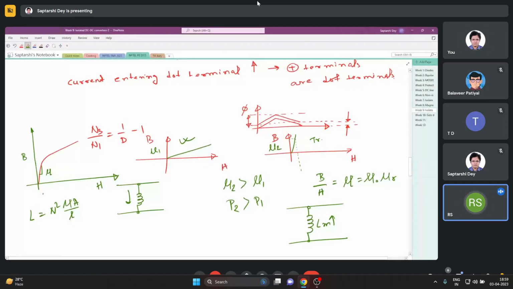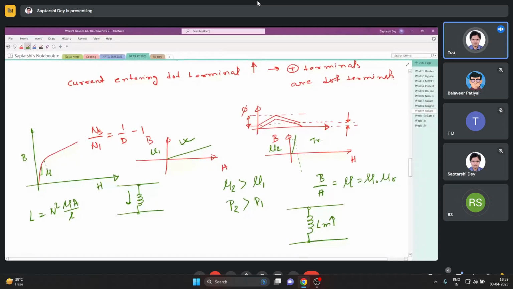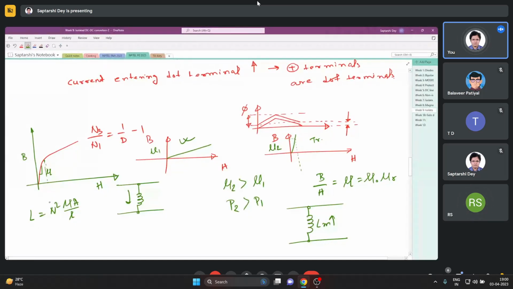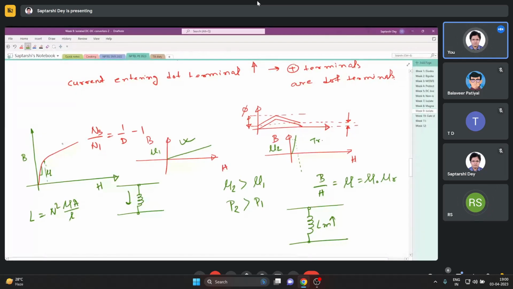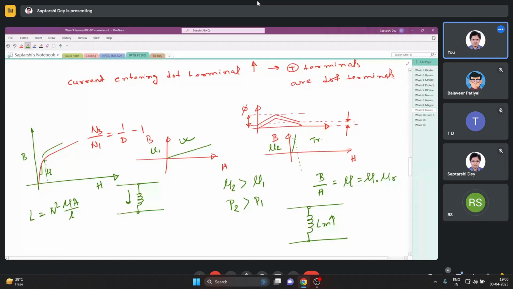Until this point, say ni, your mu is more or less constant, so inductance is more or less constant. From here, it changes with current, mostly in this region. After some time, it more or less becomes parallel to the BH curve of air.